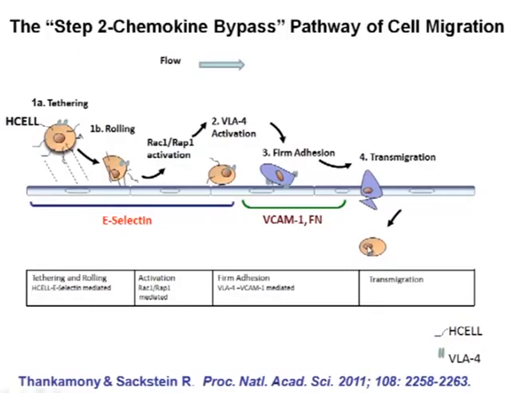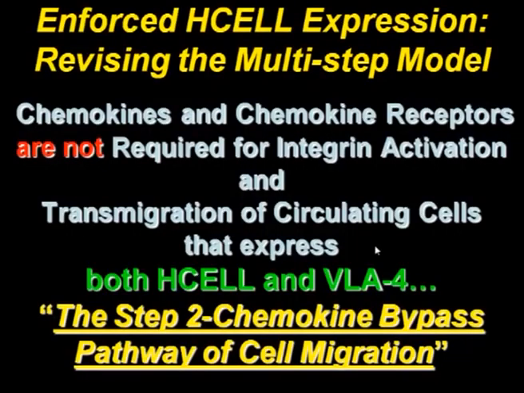So more broadly, this biology leads to an important revision of the multi-step paradigm. Enforced H-cell expression bypasses the need for chemokine input for transmigration of a cell in any endothelial bed that expresses both E-selectin and VCAM1. This change in the multi-step paradigm is now called the step 2 chemokine bypass pathway of cell migration.